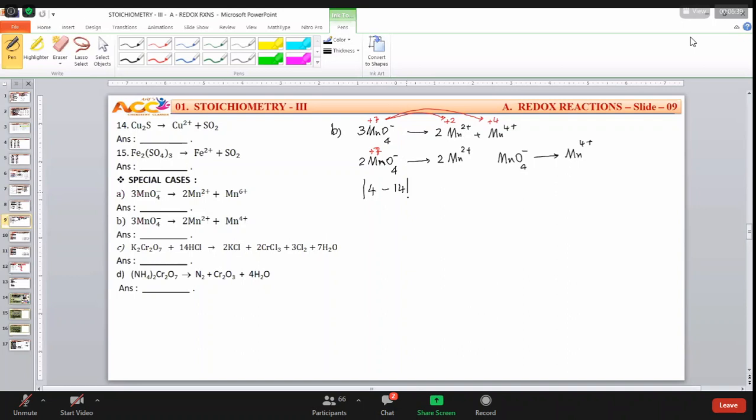Make it mod. Are you able to understand? First, separate path 1 and path 2. Both are reduction. I should not say reduction half, oxidation half. Path 1, path 2. Path 1, total charge on the products minus total charge on the reactants. Total charge. Then mod.